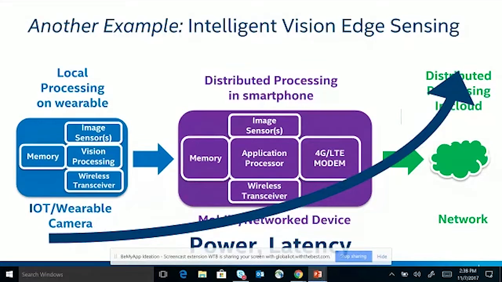And it was very, very successful, and they were able to make the latency and power requirements work for a federal agency.